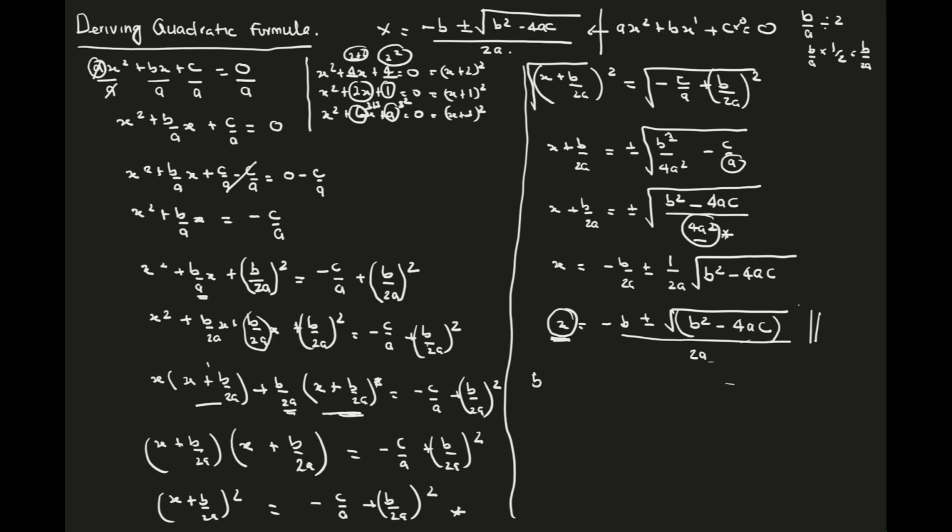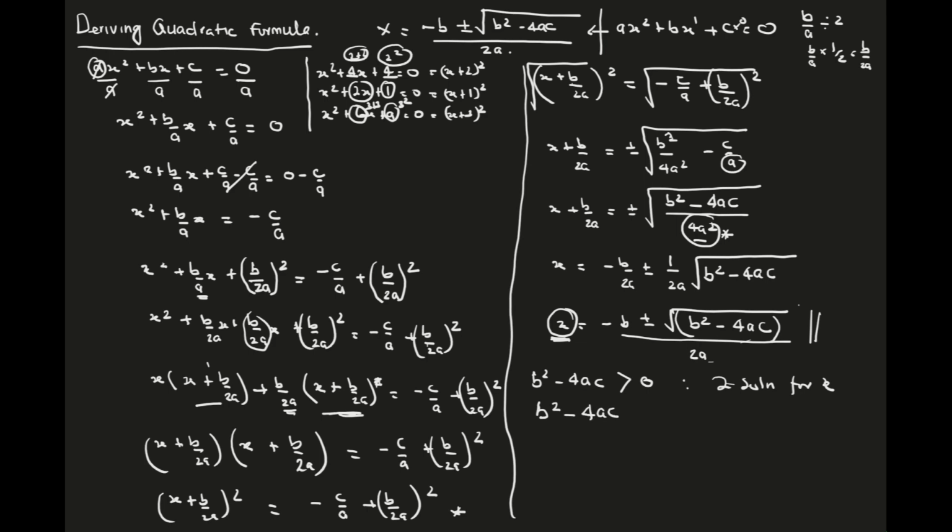So if b squared minus 4ac is greater than 0, then you know that you have 2 solutions for x, or they say 2 real solutions.